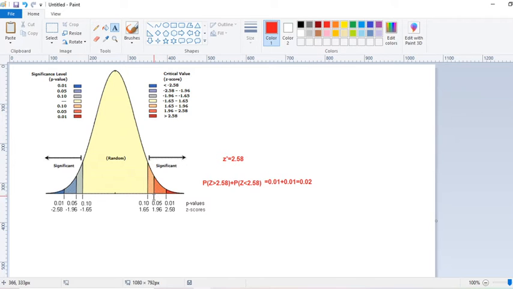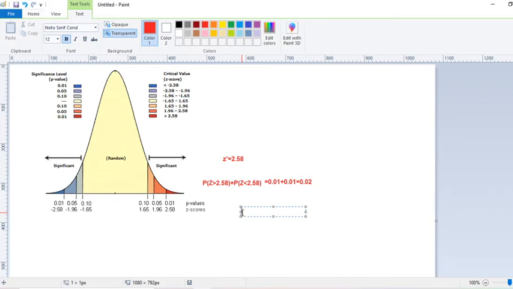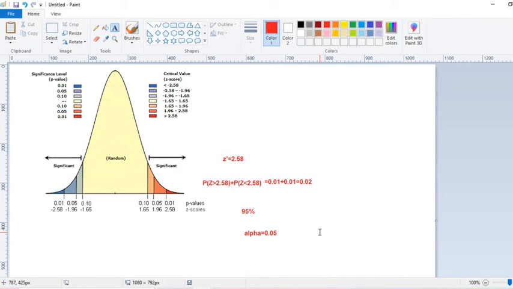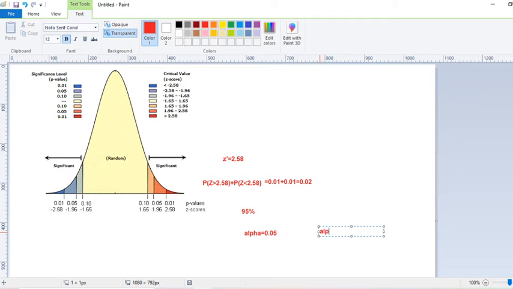Now suppose you are restricting to a 95% confidence interval for the parameter, or suppose you are taking alpha equal to 0.05, that means the significance level. Then what is the value of alpha by 2?